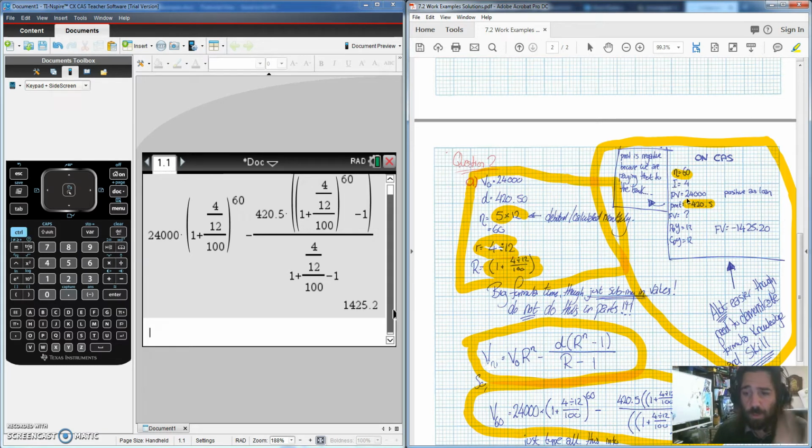And as I mentioned earlier, PV in this case is going to be positive because we've taken out a loan. If you do that and you leave future value empty and push enter, you will get a negative answer because you still owe that much money, but never, ever put that future value as negative $1,425.20 because it's not negative, it is positive.